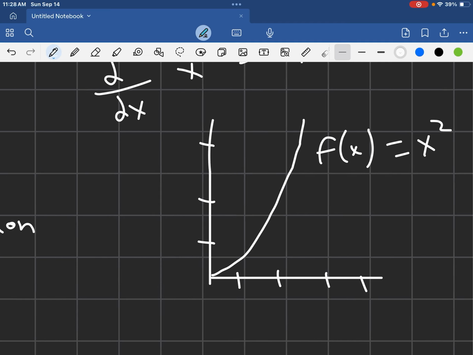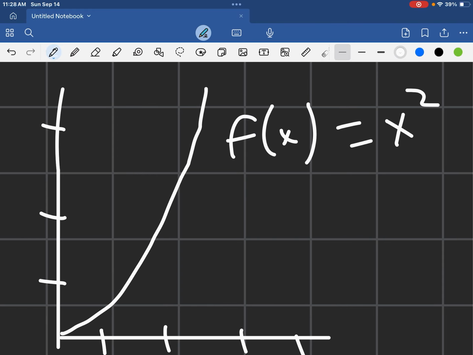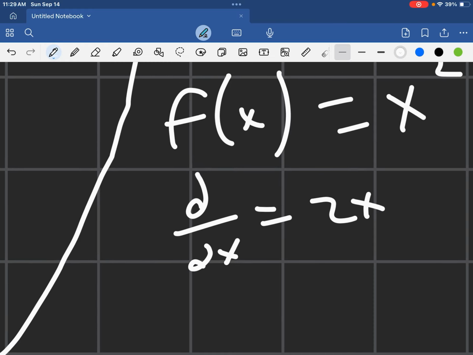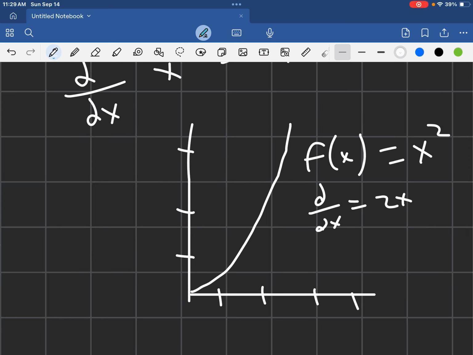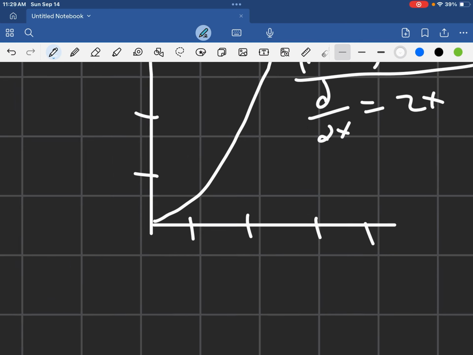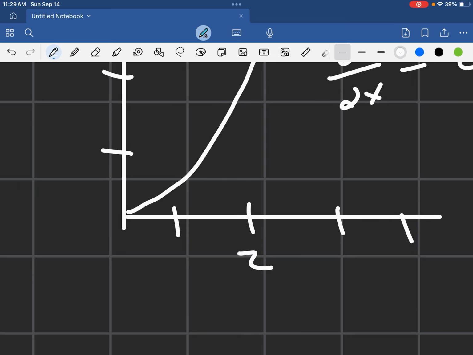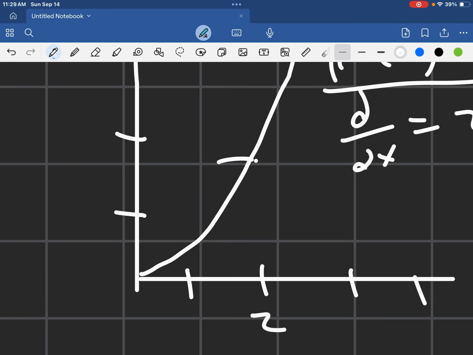If we take the derivative of x squared, we put the 2 out front, and then we subtract 1 from the original power, which would just be 1, so we'll just leave it at 2x. So the derivative of this is 2x, which we know because if x was 2, then we know this value here would be 4 at that point.